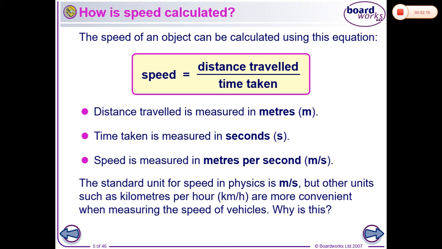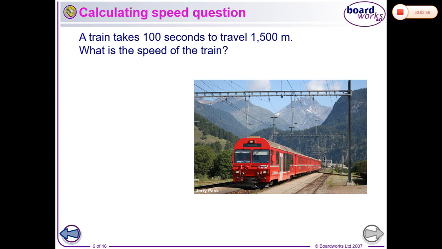So the standard unit of speed in physics is meters per second, but other units such as kilometers per hour are more convenient when measuring the speed of vehicles like cars or bicycles or motorbikes or planes because they move long distances.